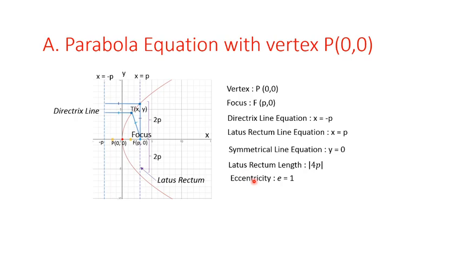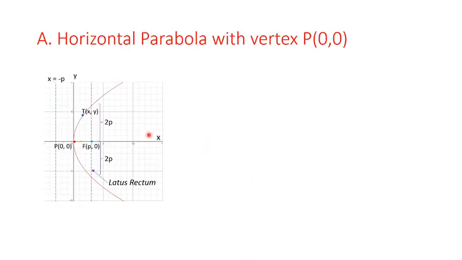What about the parabola equation for this horizontal parabola with vertex 0, 0? Please check this line. If we calculate the distance, we have the square root of x minus p squared plus y minus 0 squared equal to x plus p. Why is it x plus p?